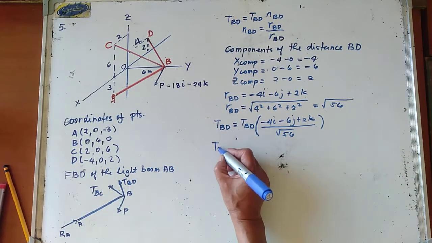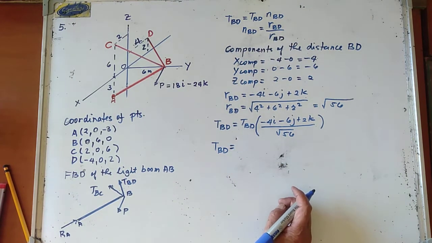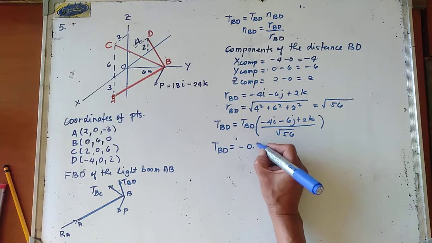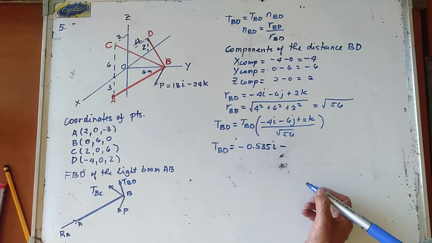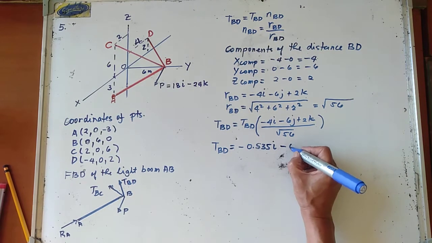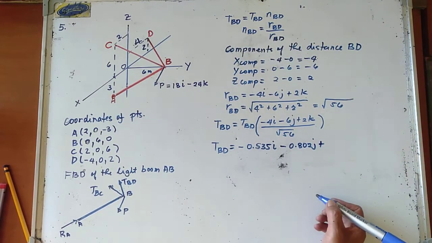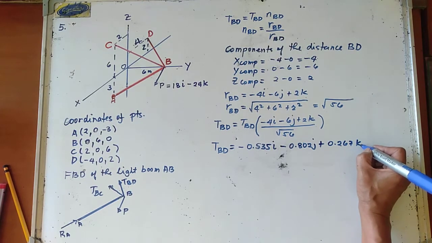So that your TBD is now equal to 4 over the square root of 56, which is 0.535, minus 0.535i. 6 over the square root of 56 is 0.802 j, plus 2 over the square root of 56 is 0.267k.